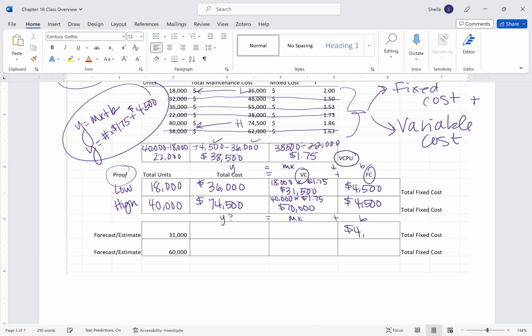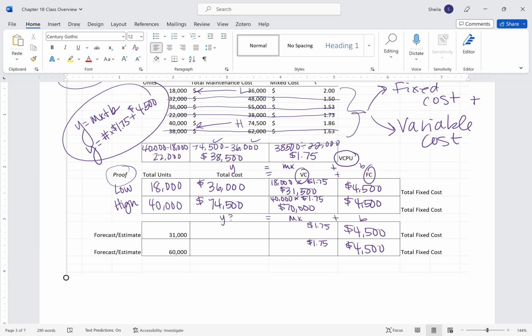is in both of these cases, okay? 4,500 based off of my model. I know that both of these have to be taken times $1.75. Why? Because that's my X factor in my equation, okay?